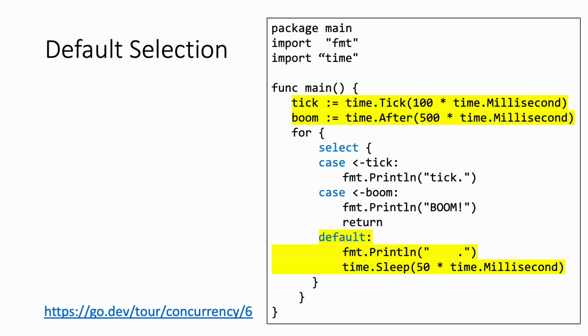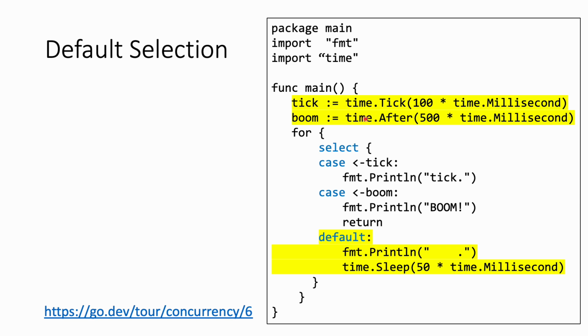Here is another example with the default in the select statement. This example is based on the example on the tour of Go at this link. This program calls function time.Tick, which returns a channel, tick, on which it sends the current time every 100 milliseconds.